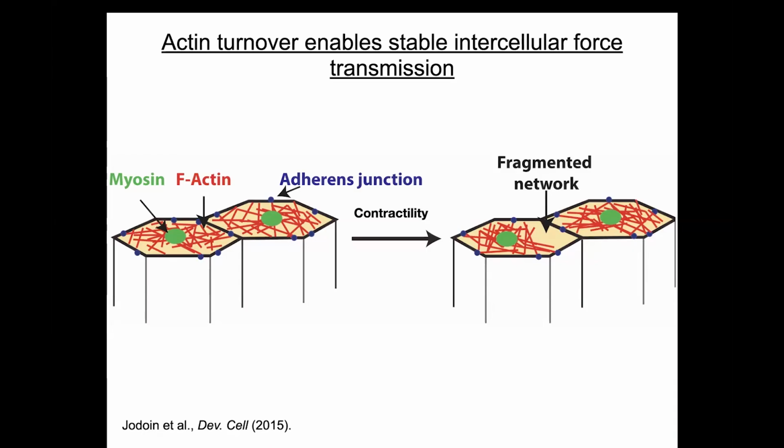Because I don't see how a cell could contract its apex if there is no high friction between the cytoskeleton and the apical membrane, or connection with the adherens junction. So I think what I'm suggesting is you need high friction, but you also need sort of an imbalance.